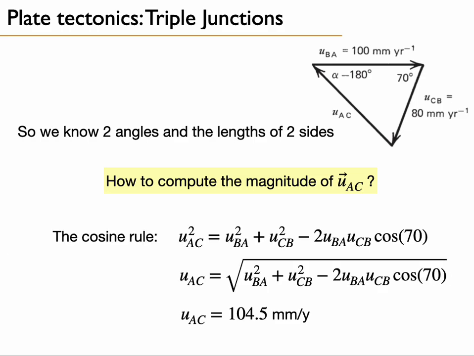How to compute UAC? There is a rule called the cosine rule. That's an extension of the Pythagorean theorem for non-rectangular triangles, for general triangles.